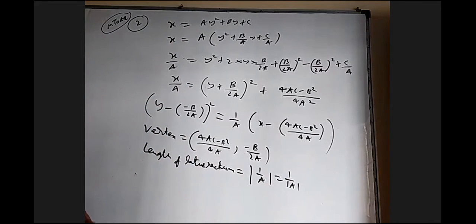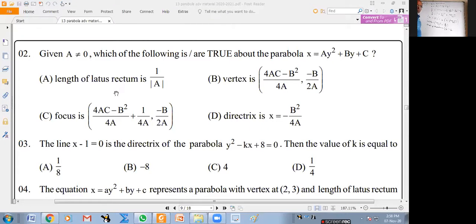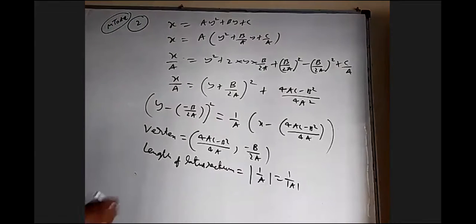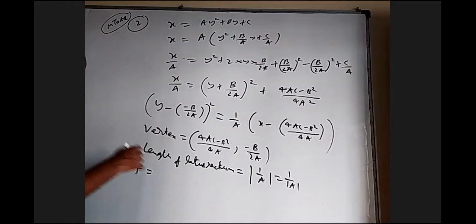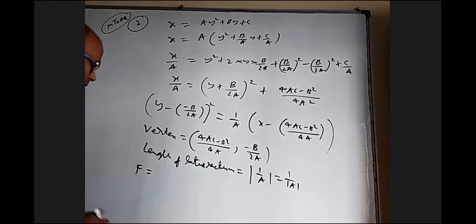What else they want? They want focus and directrix. Focus is normally (a, 0), because of this translation of h and k, (h plus a, k).